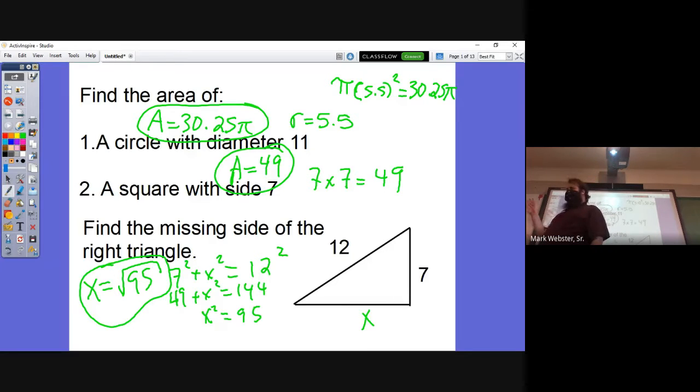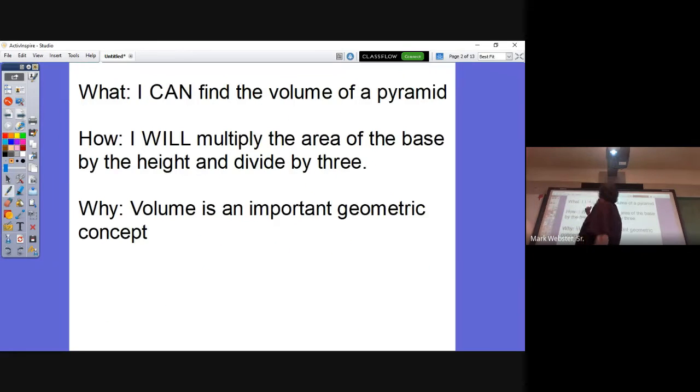Okay, questions about this? We feeling all right? Especially with that Pythagorean theorem thing, it is going to come up in a couple places because we're working on pyramids today, volume of a pyramid. The one thing I'll say about the volume of a pyramid is that it's a lot easier than the surface area was.